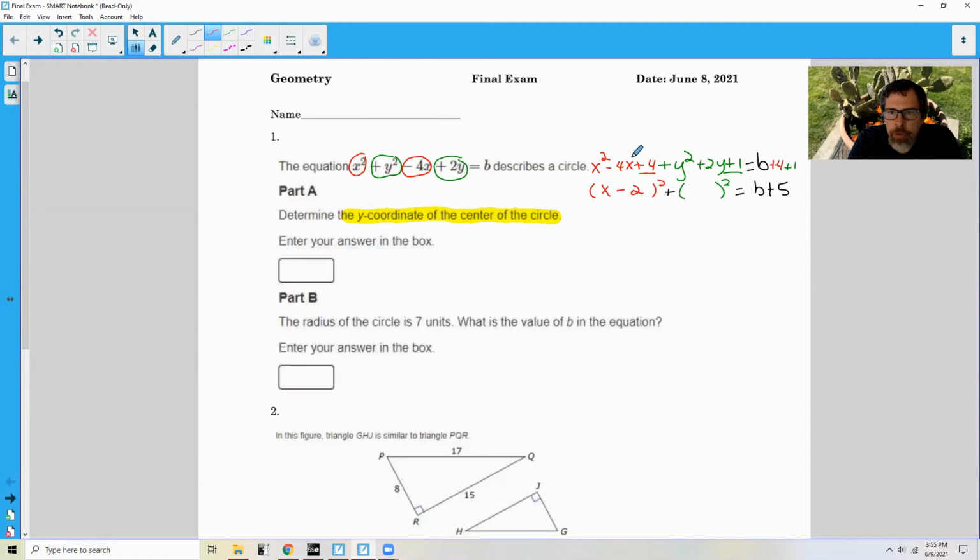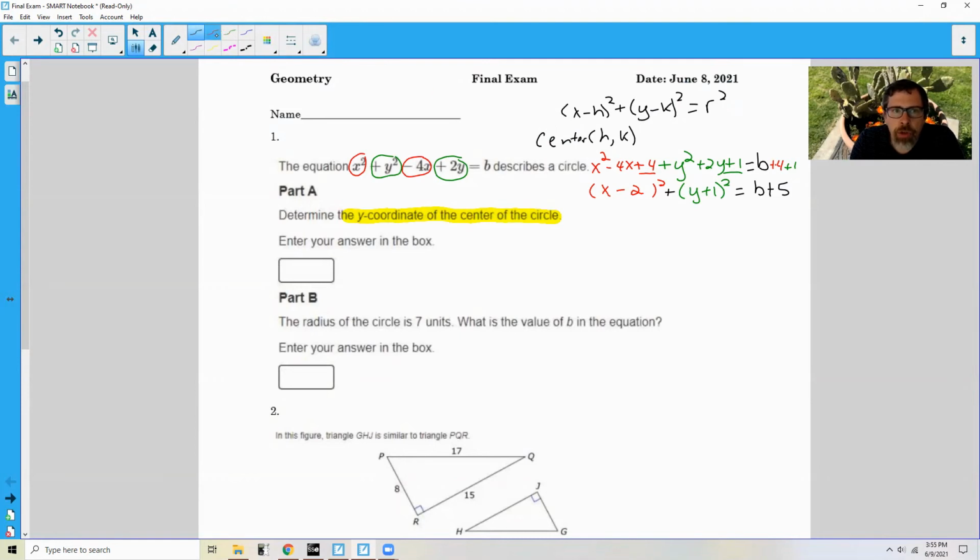So x minus 2 squared will give me this quadratic, and y plus 1 squared will give me this quadratic. The equation of a circle is x minus h squared plus y minus k squared equals r squared, where h comma k is my center and r is the radius.